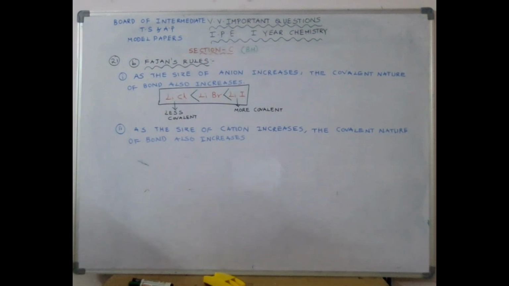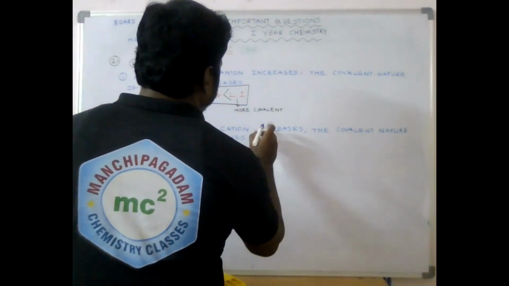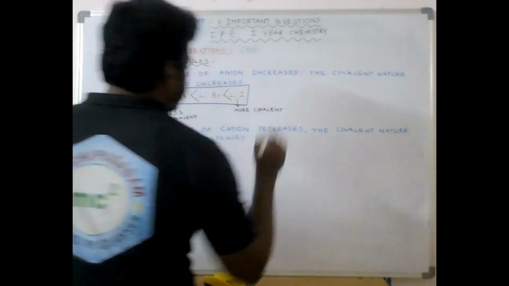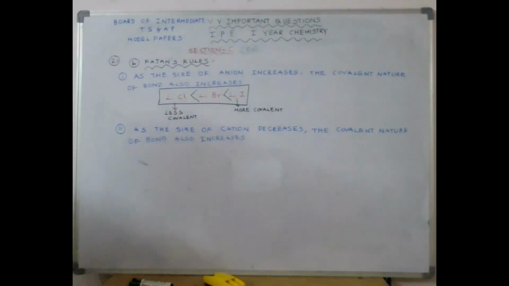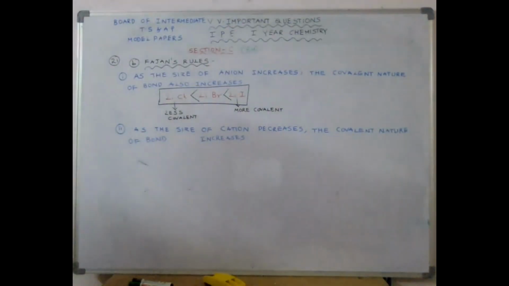Sorry for that again. As the size of the cation decreases, the covalent nature of the bond also increases. As the size of the cation decreases, the covalent nature of the bond increases.